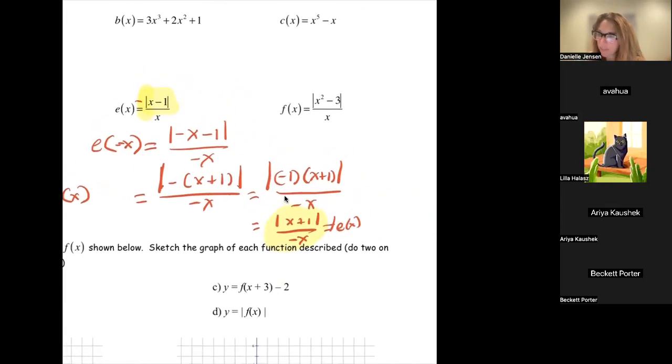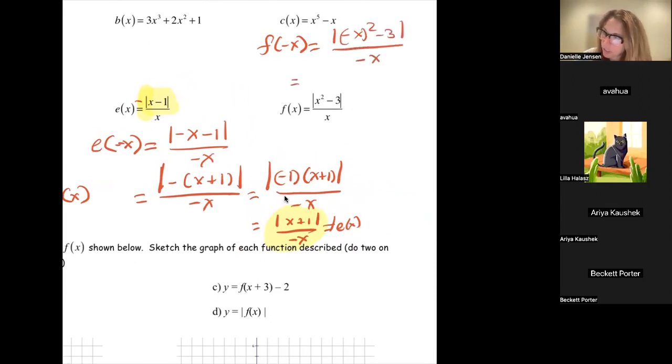All right, let's do f. f is a little different. If I plug in negative x, inside the absolute value in the numerator is -x squared minus 3. And then I've got this -x, right?